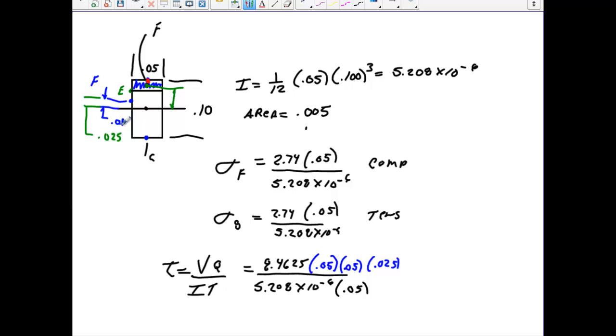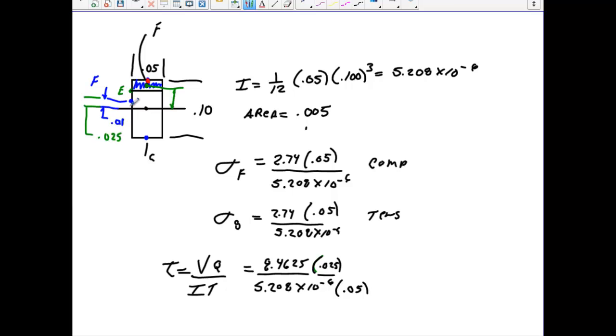So let's see what that would be. Say that's 0.025 from here to here. So that means it's 0.025 up to here. I would calculate that area. This height from here to here would be 0.025. Again, it just happens to be 0.025 because this is 0.025.